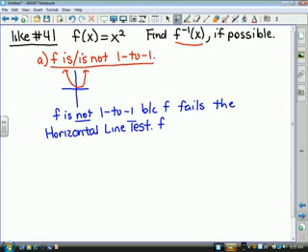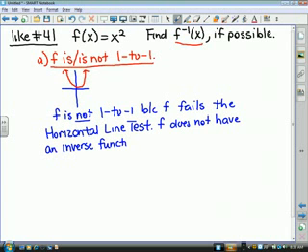It doesn't have an inverse function, right? So f does not have an inverse function.